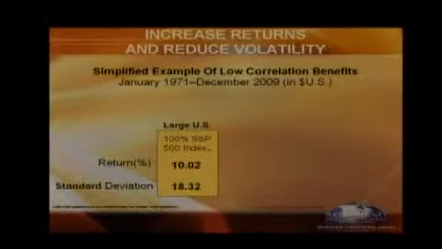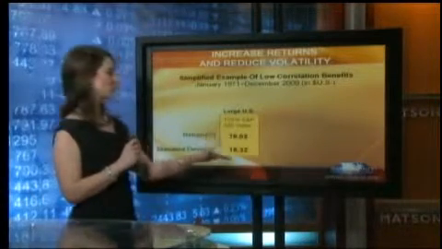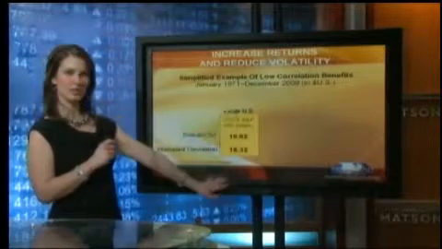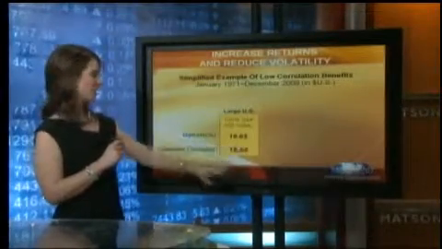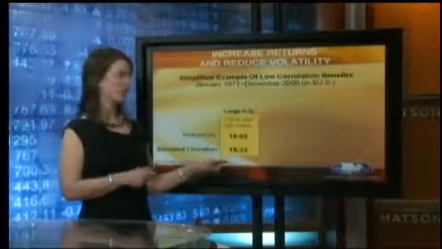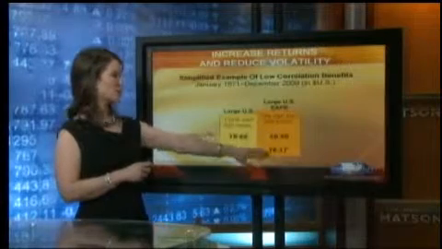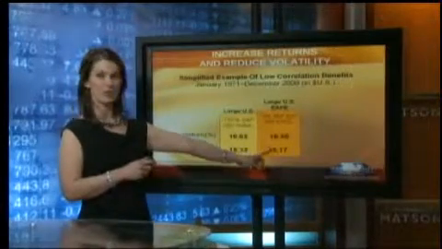So if you take just as an example of diversification and how we reduce standard deviation and increase return, we have our U.S. large portfolio 100% in the S&P 500, and you see the return is 10%, and the standard deviation here is 18.3. If we diversify 30% of that into international large stocks, we end up with a return of 10.5, so we've increased our return by 0.5%.